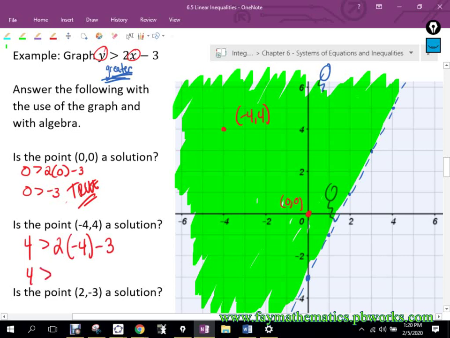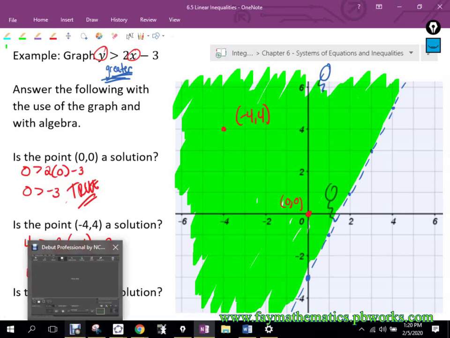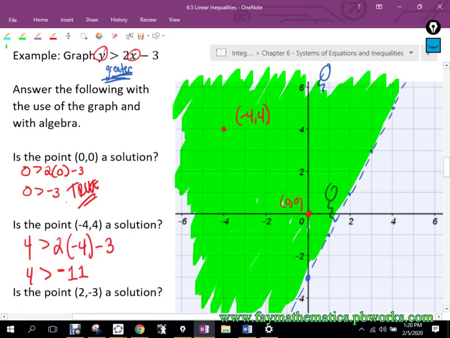What's negative 8 minus 3? You owe me $8 and you borrow $3 more from me. How much do you owe me total? Negative 11. Negative 8 minus 3, right? Going further to the left on the number line. Would you guys agree that 4 is greater than negative 11? Yeah. That's true, right? Okay.